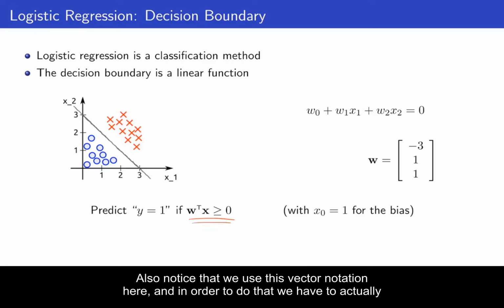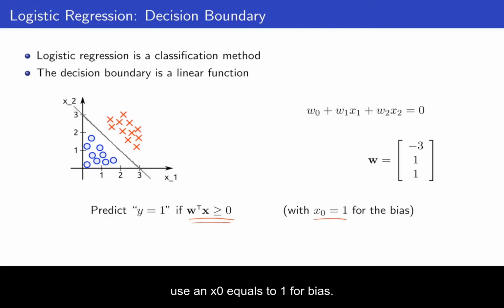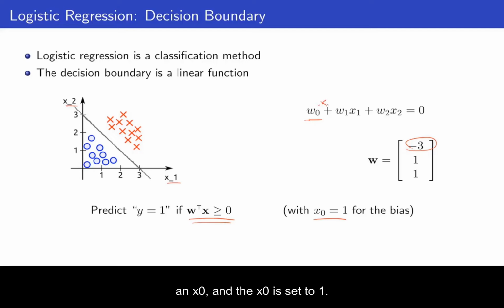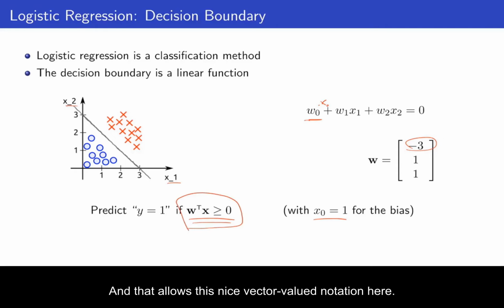And in order to do that, we have to actually use an x0 equal to 1 for bias. Here we only have x1 and x2, and in order to actually get this bias term, this w0, it is basically times an x0, and the x0 is set to 1. All right, and that allows this nice vector valued notation here.